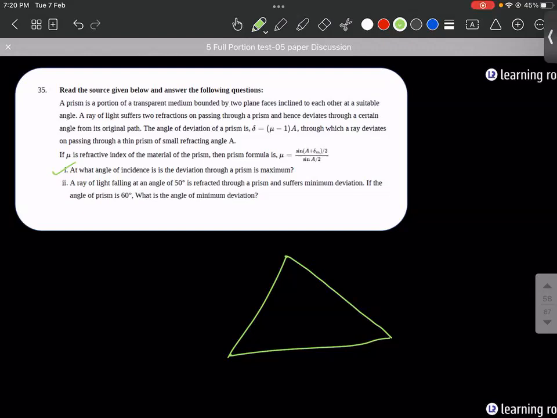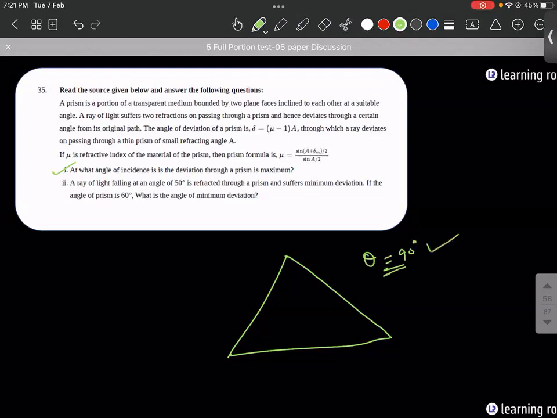At what angle of incidence is the deviation through the prism maximum? Answer: when theta is equal to 90 degrees.